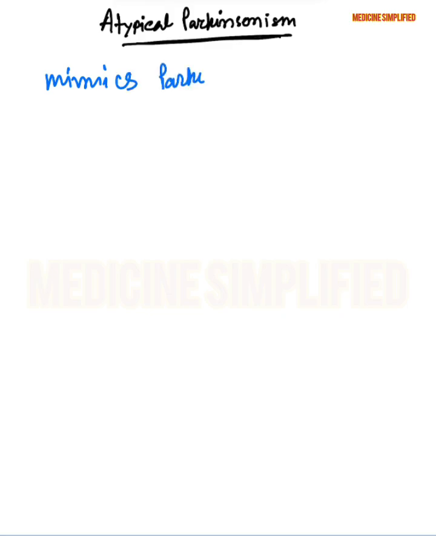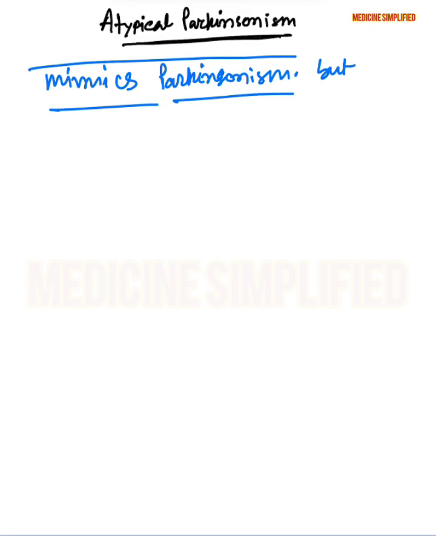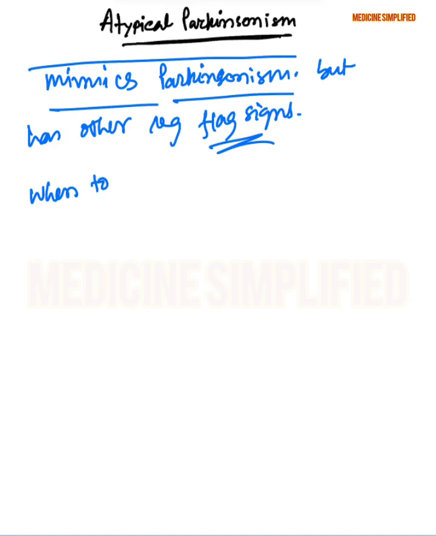The person will have Parkinsonian features, but also additional red flag signs. So when to suspect that this person not only has Parkinsonism, but has features of atypical Parkinsonism.